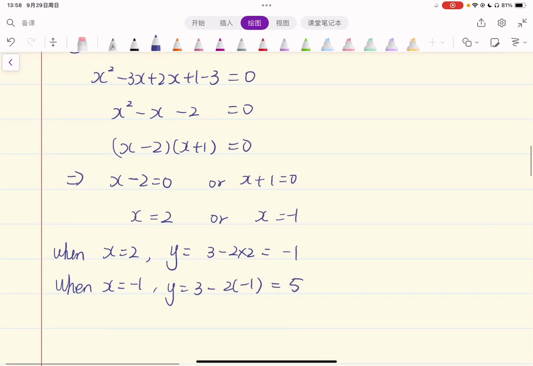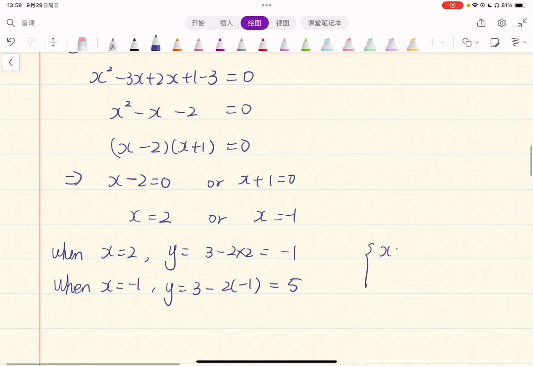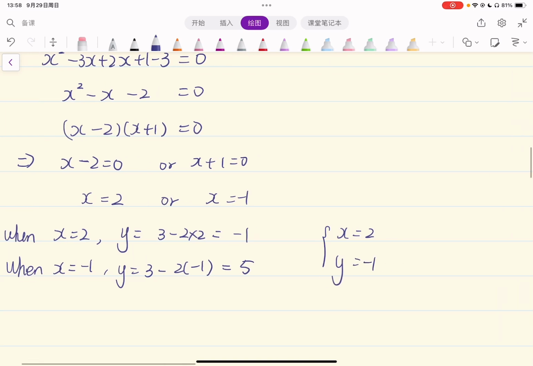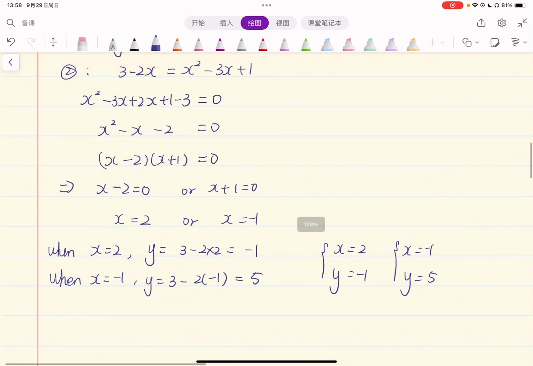So we have two sets of solutions: x equals 2, y equals minus 1, and x equals minus 1, y equals 5.